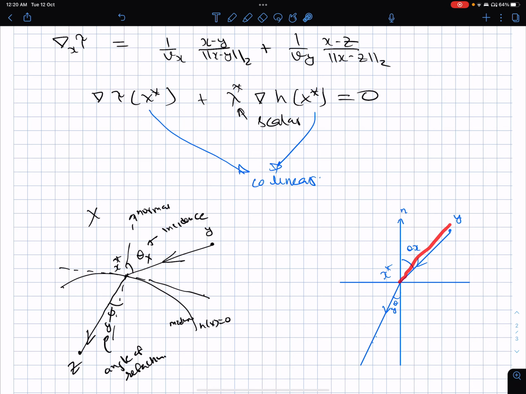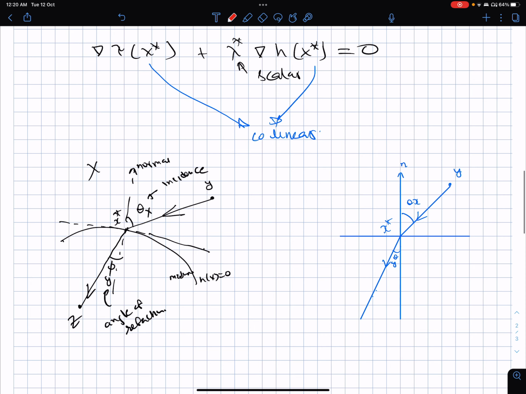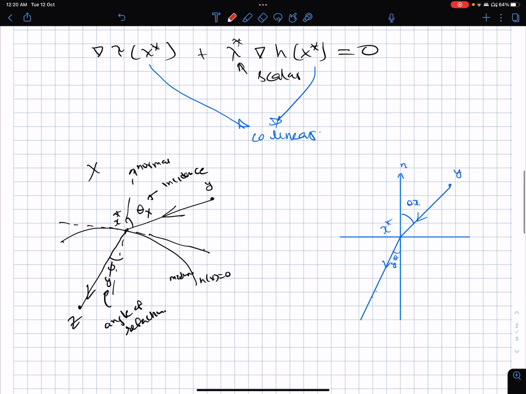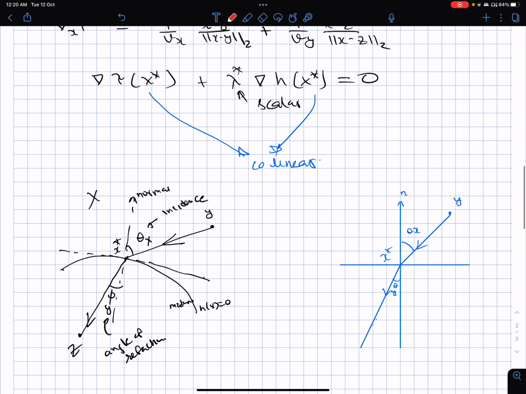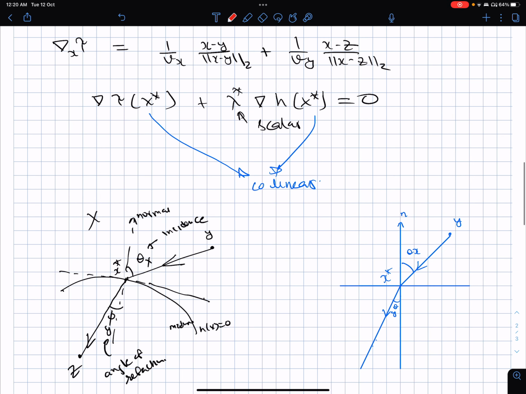This is the unit vector in this direction, to be scaled by Vx. So in this direction I'm going to take a length of 1 by Vx, and let's say get this particular point.